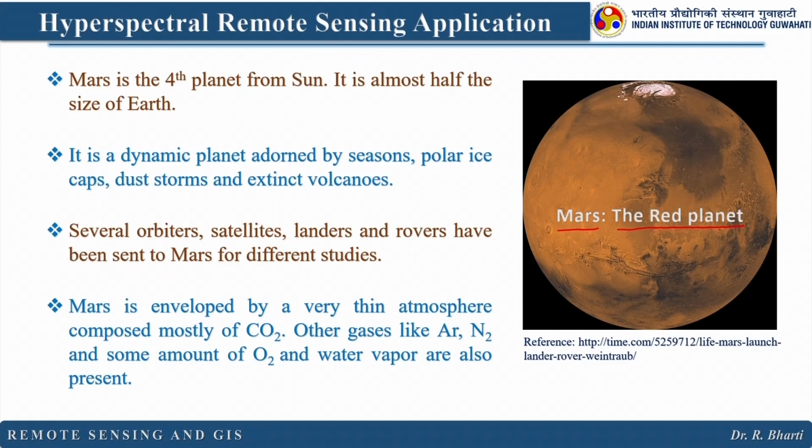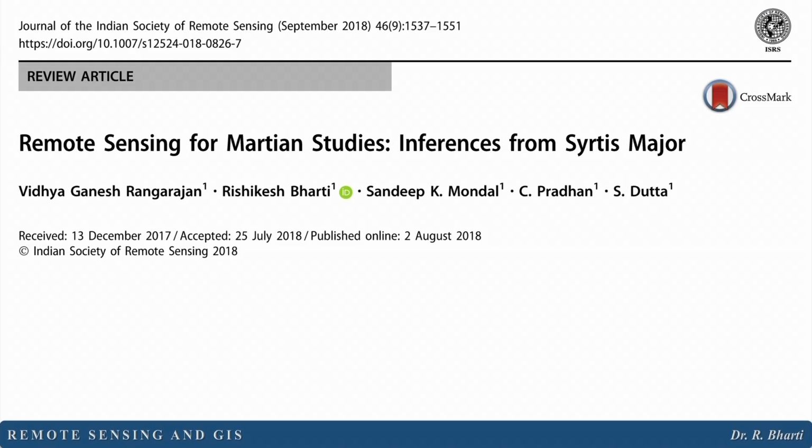Some amount of oxygen and water vapor are also present. Since this is one of the planets in our solar system, it is very important to study it, to understand the evolution of the solar system as well as the evolution of Earth.